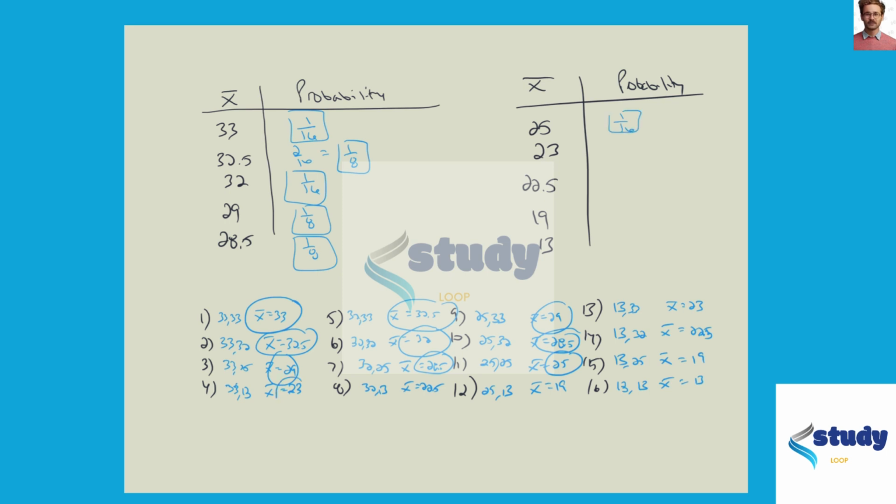A 23 once, twice. A 22.5 twice. A 19 twice. And a 13 just once out of the 16. So that would be your probabilities.